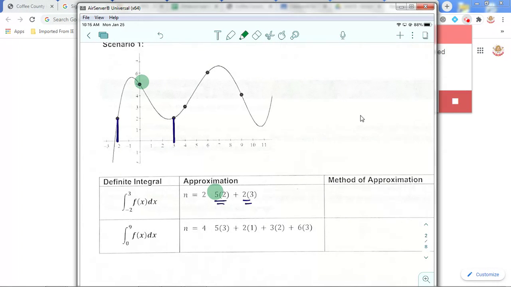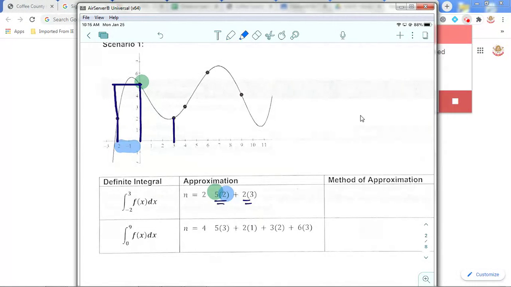And then the 2, this 2 right here, should probably be this width, and it is. So that rectangle would be this one. I drew it a little bit wide.